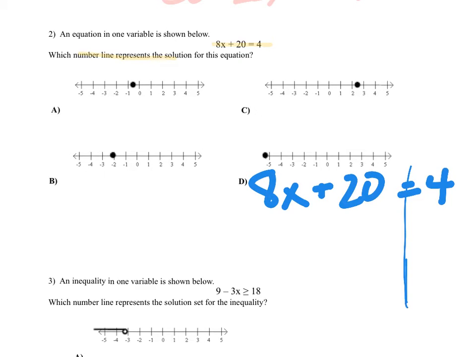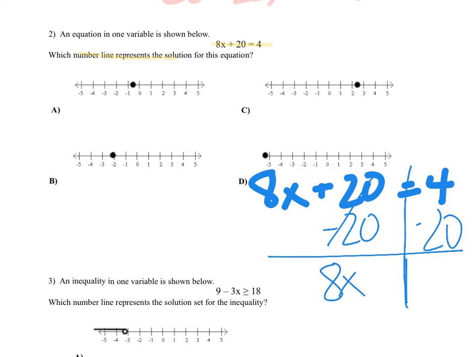Okay, so that being said, we're going to solve for x, and we do that by moving everything away. So I'm going to move away the 20. So I'm going to subtract 20. That's going to cancel that, and then we're going to have 8x left on the left, and 4 minus 20, which is negative 16. Okay, so we have 8x equals negative 16. We're going to divide both sides by 8 because 8 and x are multiplying, and we're going to get x is negative 2.